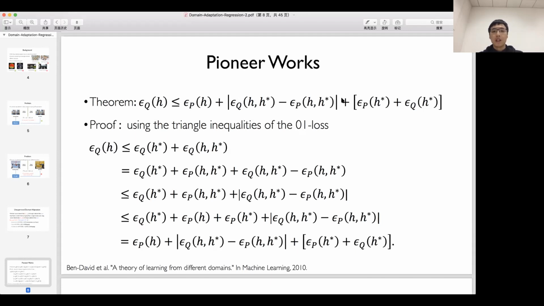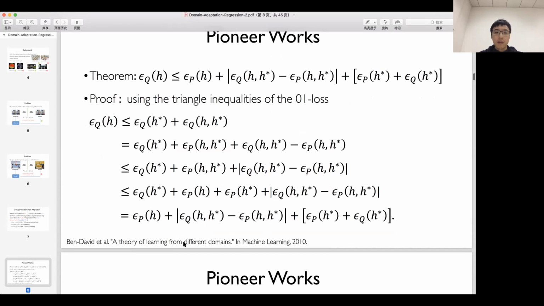It just uses the triangle inequality of the loss functions. The first line is just a triangle inequality, and the next one is also a triangle inequality. Next, we will introduce what these terms mean and how to bound the target error with the source error.